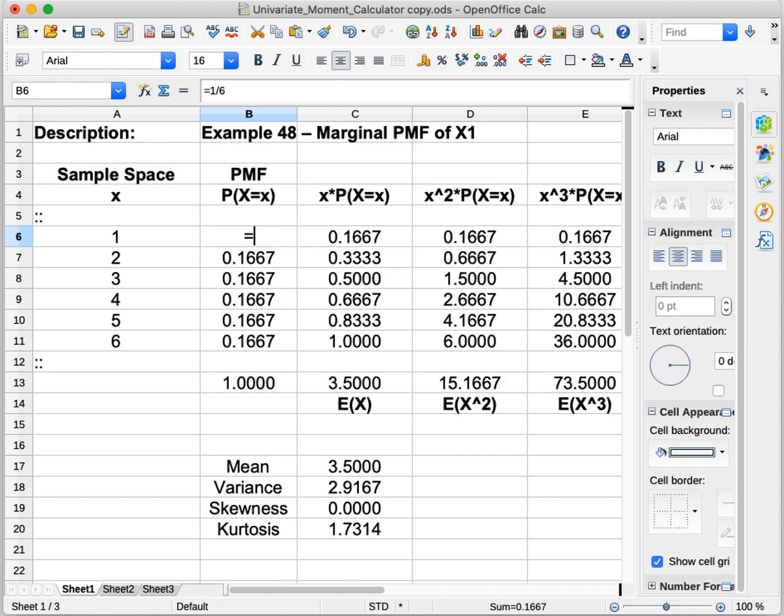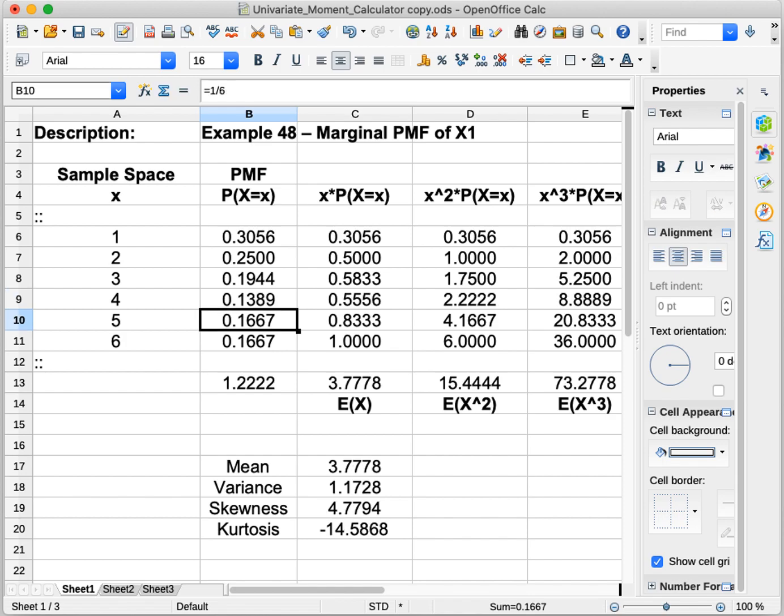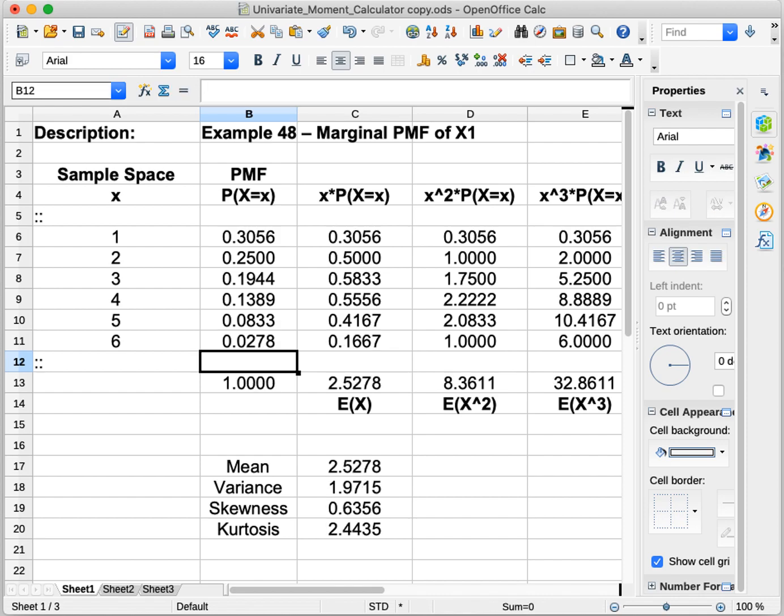So 11 over 36, and then 9 over 36, and then 7 over 36. Then we have 5 over 36, and then 3 over 36, and then 1 over 36.